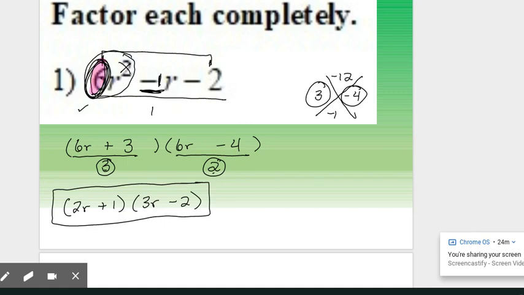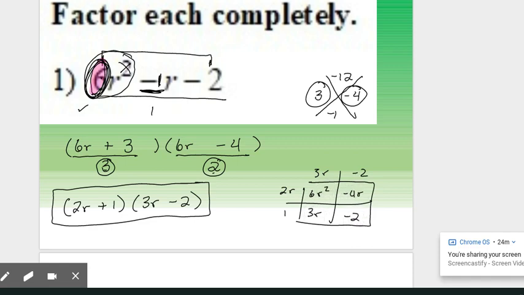Now, you do not ever have to do this, but I want you to see that this is the factored form. If I went ahead and multiplied this, made my 2 by 2 box, I want you to see what happens. See, 2r plus 1, 3r minus 2, and I multiplied this, I would get 6r squared, negative 4r, 3r, negative 2.